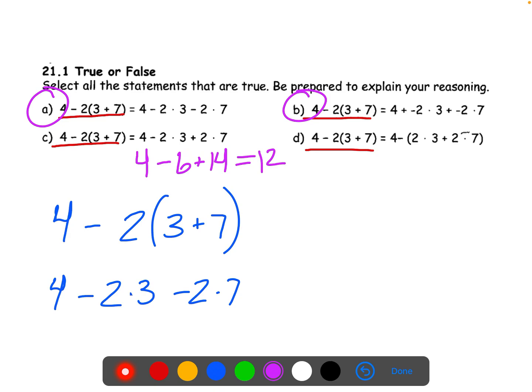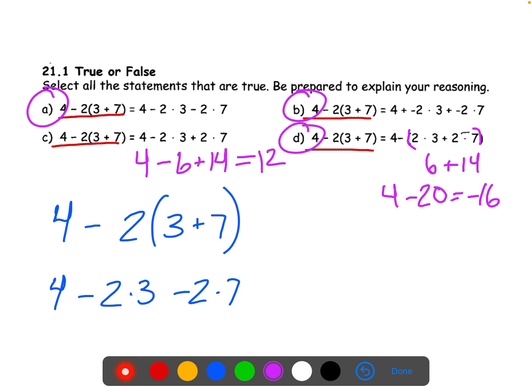Now, if we look at the other way, and we work in parentheses, we got to work inside the parentheses here. 2 times 3 is 6, 6 plus 14. If we add that together, we get 20. So what we're going to do is 4 minus 20, which equals negative 16. Something very different. All right, but if we go back to the two that worked and we would solve these, we would find that they would equal negative 16.